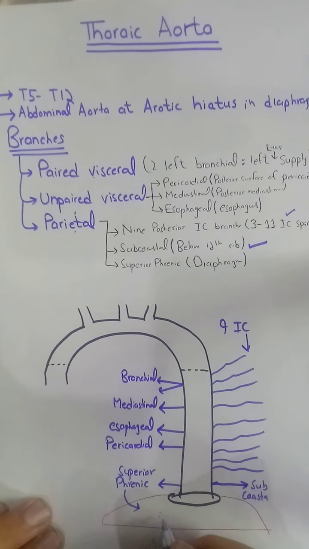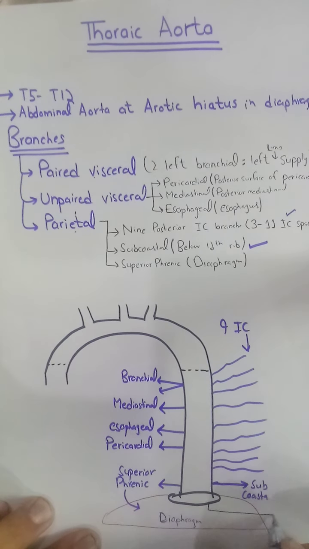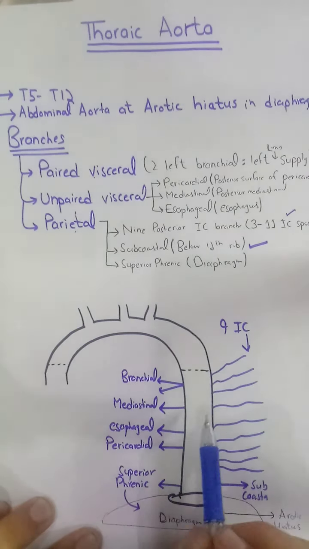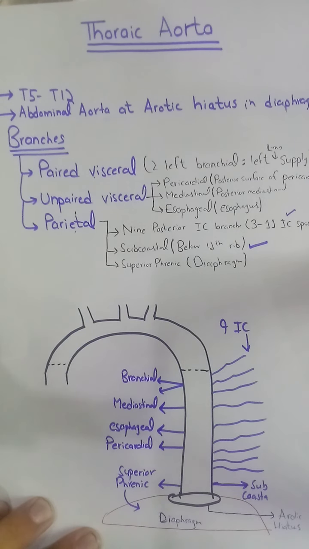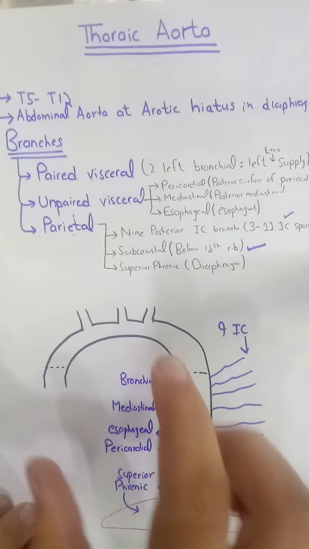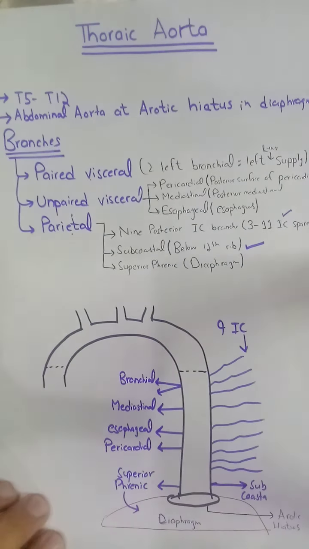This is actually the diaphragm, and this is the aortic hiatus, through which this thoracic descending aorta will pass, and then it will become the abdominal aorta. So these are the branches, and this is the diagrammatic form.